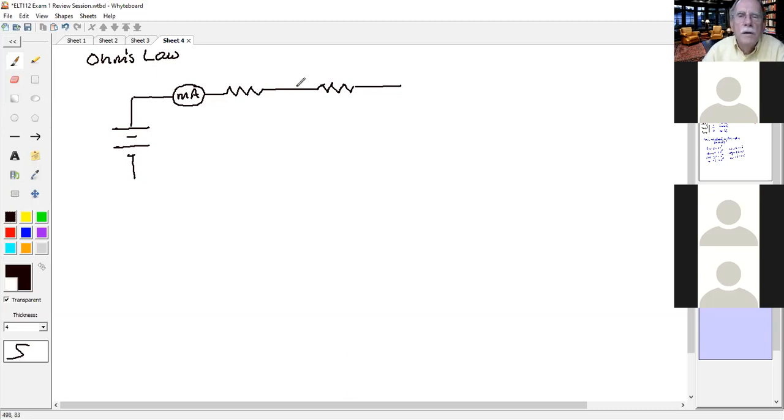And let's say for argument's sake, let's call this R1, 220 ohms. Let's call this R2, 680 ohms.